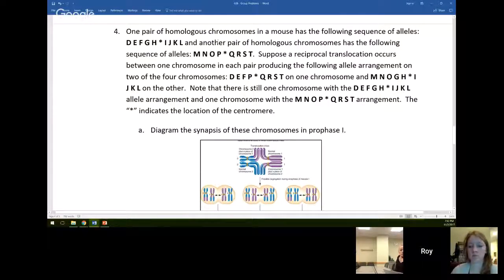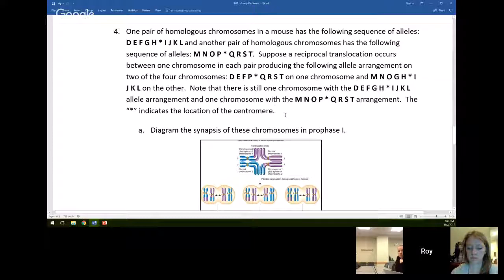Suppose a reciprocal translocation occurs between 1 chromosome in each pair, with the following arrangement of 2 of the 4 chromosomes. On the other, note there's still 1 chromosome with the original parent arrangement in each pair. The star indicates the location of the centromere.